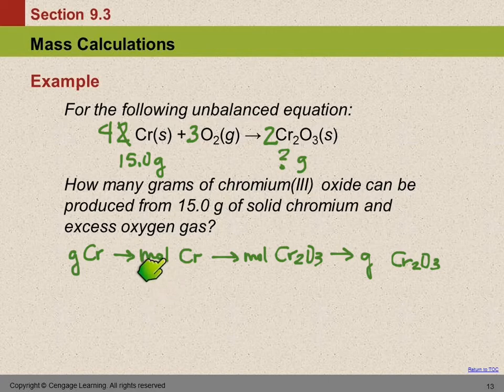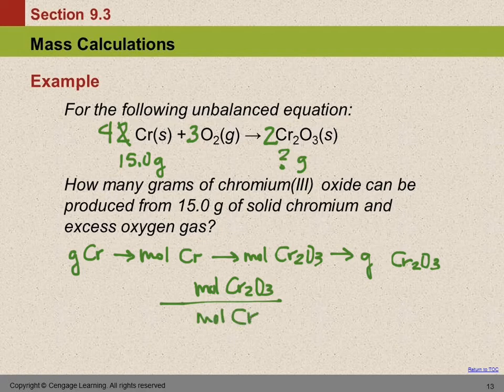The thing we learned today was how to do this, moles of chromium to moles of chromium oxide. What's the relationship between those? If I had a ratio like this, what number do I put in front of Cr2O3? 2.